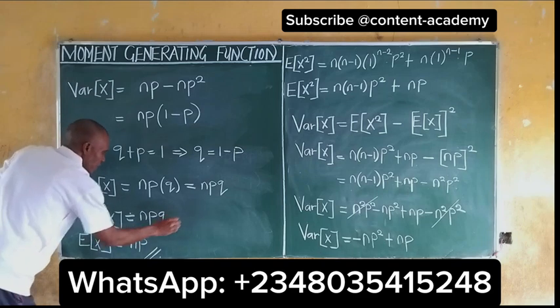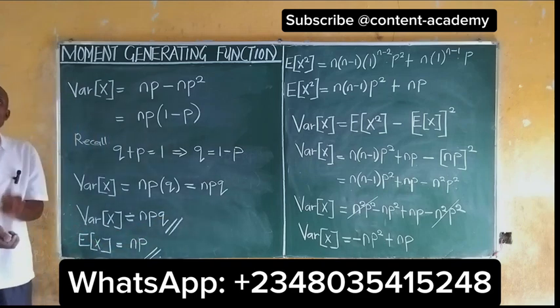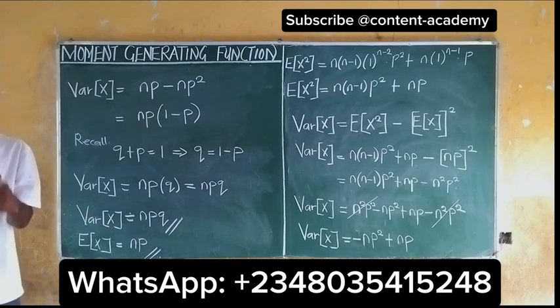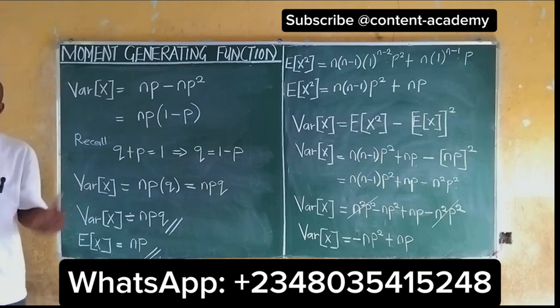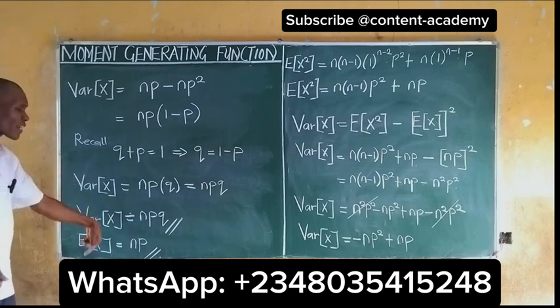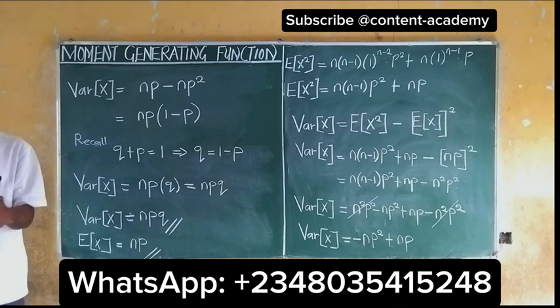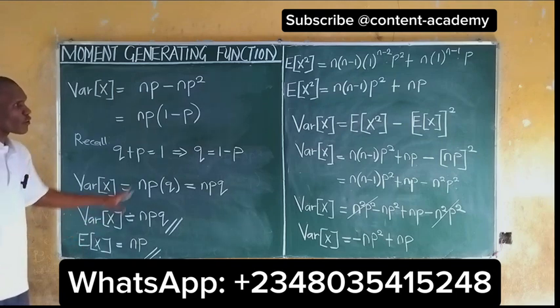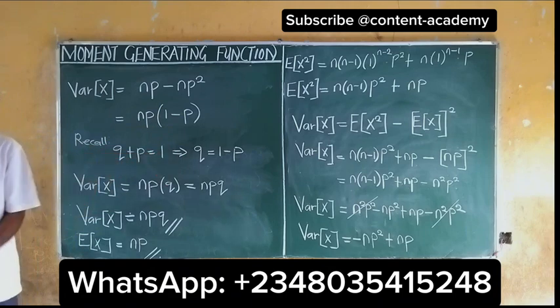So this is simply how we can compute the expected value of x for the moment generating function of a random variable x, and the variance of x for a moment generating function of a random variable x. When we follow this whole process, we can easily obtain the expectation or the mean and the variance for the moment generating function of a random variable. This is simply how to compute it.